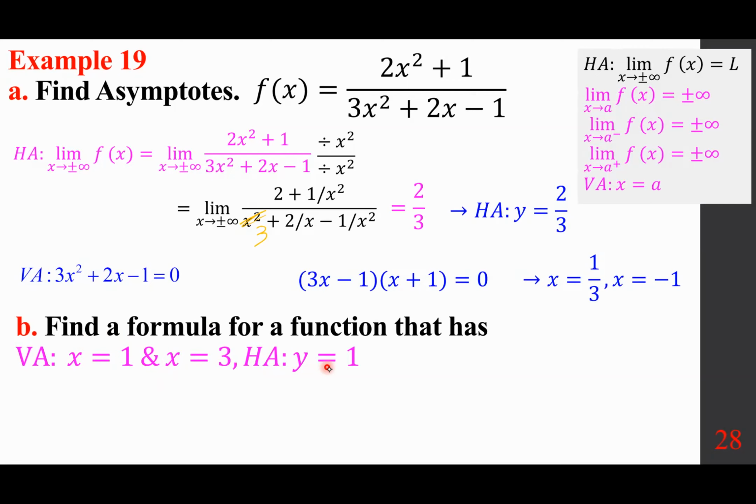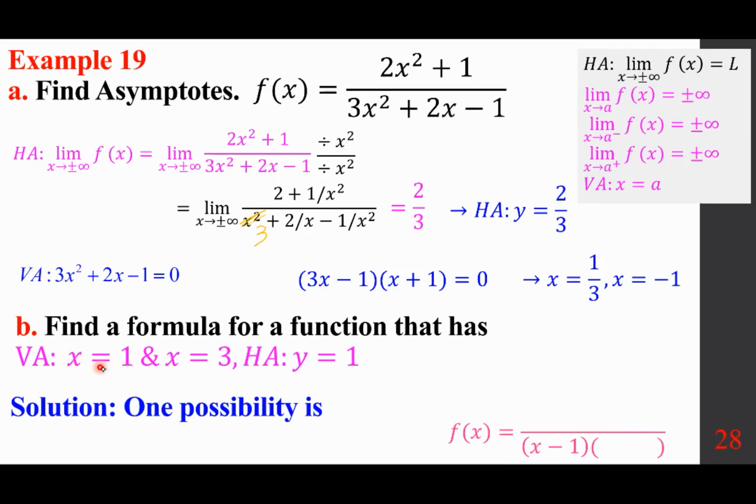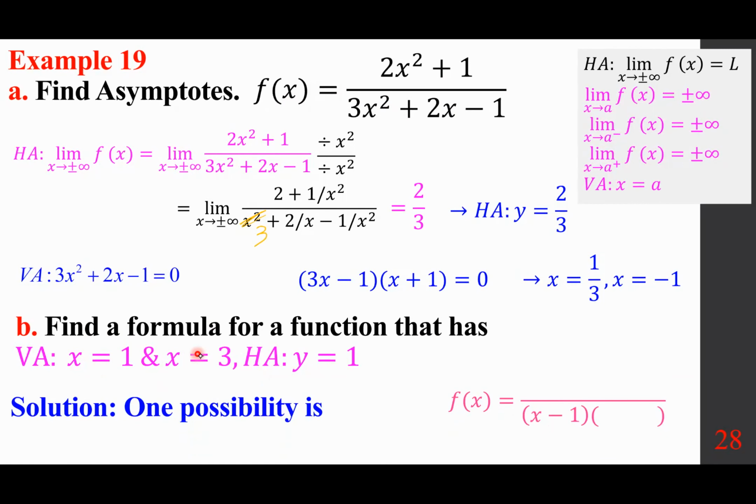One possibility would be the following. We start with f of x equals a fraction with the denominator: x equals 1 gives us x minus 1, and x equals 3 gives us x minus 3.